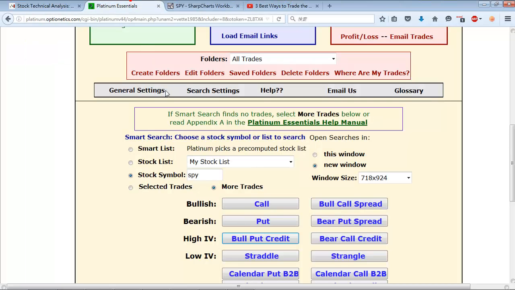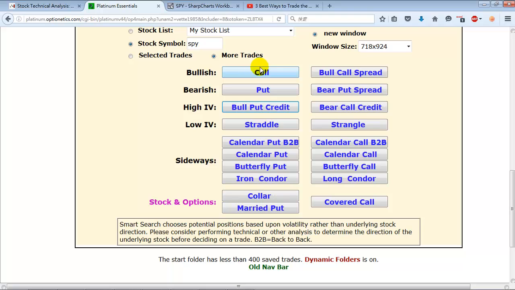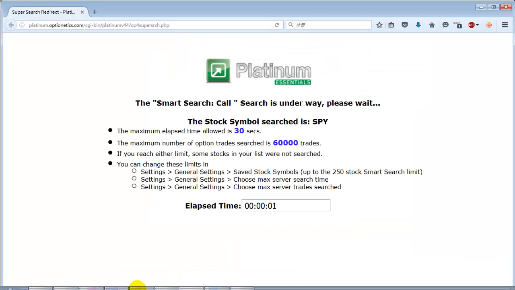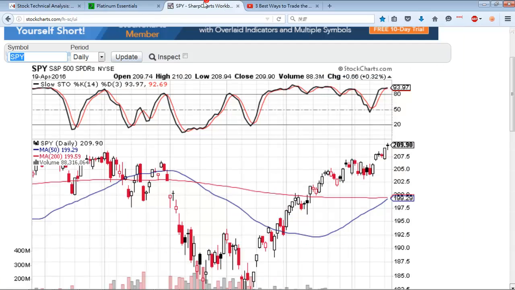Do we buy the in the money or the out of the money call options? Well, let's take a look. If you don't know, in the money call options are call options where the strike price is lower than the current trading price, so it's going to be anything under 209.90. Out of the money is anything higher than 209.90.